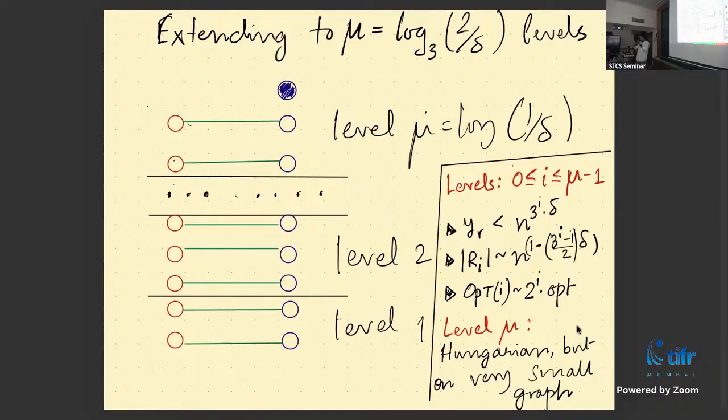So I push it up, and I can prove an analogous theorem which says that the number of requests you push is roughly this much. But at this level I scale the metric differently, because my n changes now, right? So it's a scaled version of the metric, but a different scaling, and I do the push to level A. How long do I do that? Till I reach level mu, where you have very few vertices, so you can just run the algorithm. That's why these values balance out how many levels.